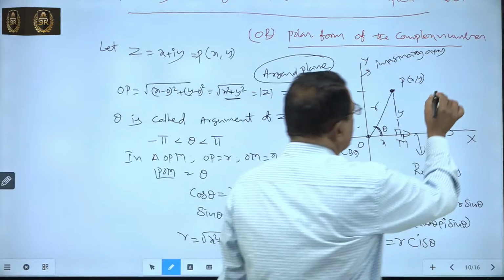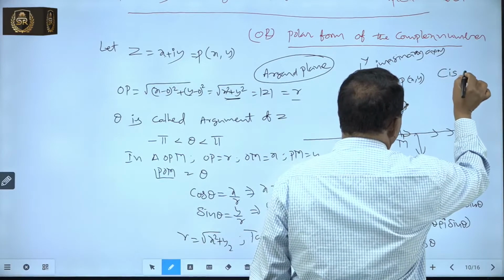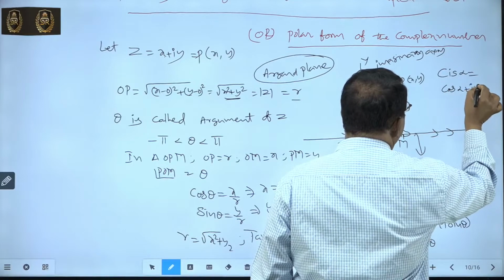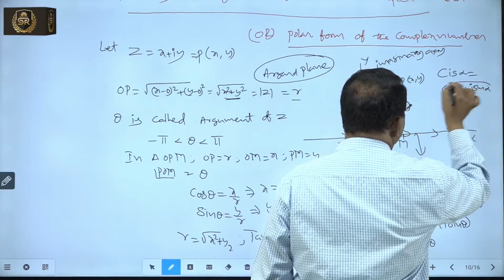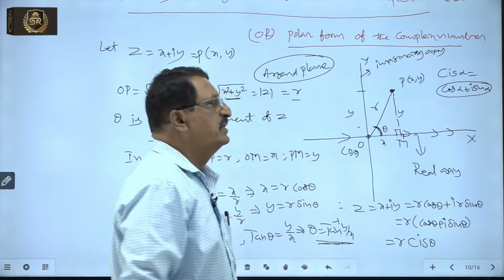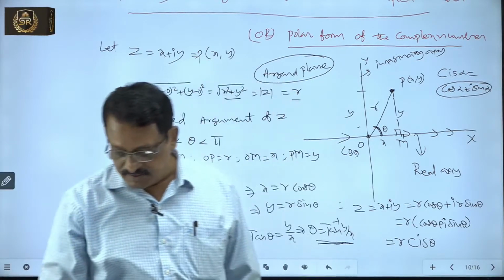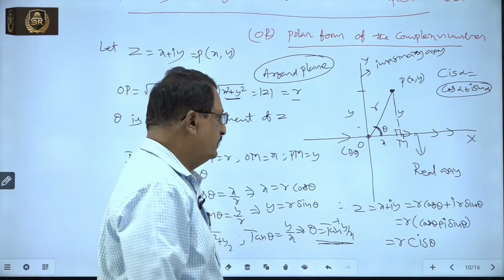Suppose cis alpha equals cos alpha plus i sin alpha, and cis beta means cos beta plus i sin beta.